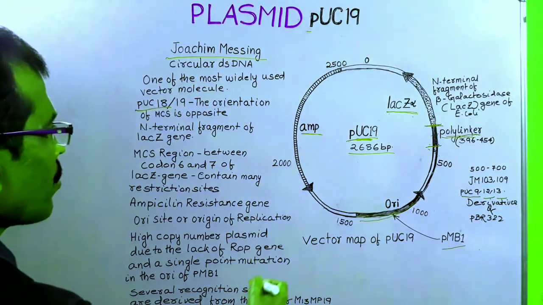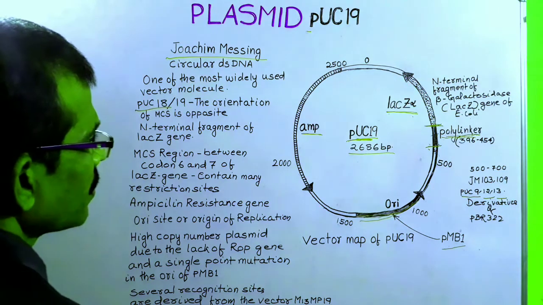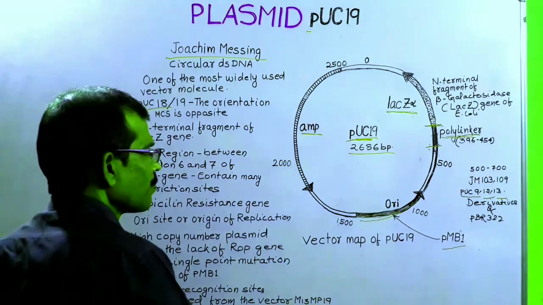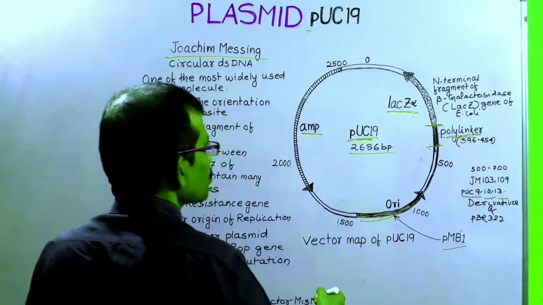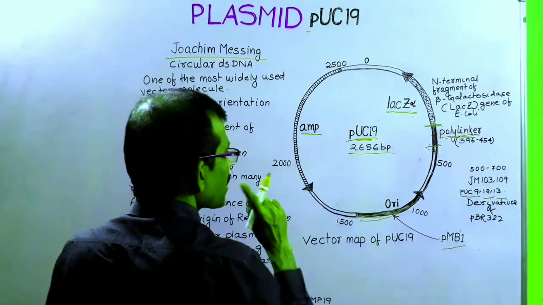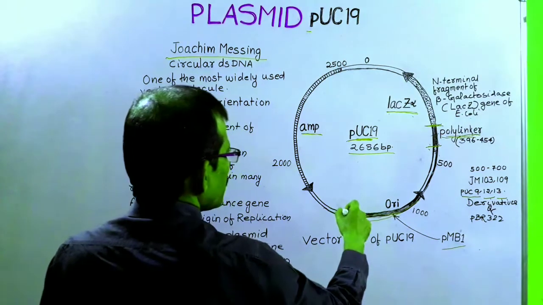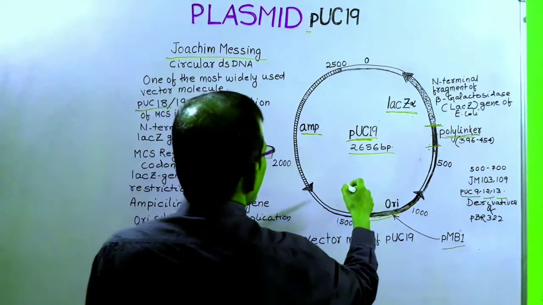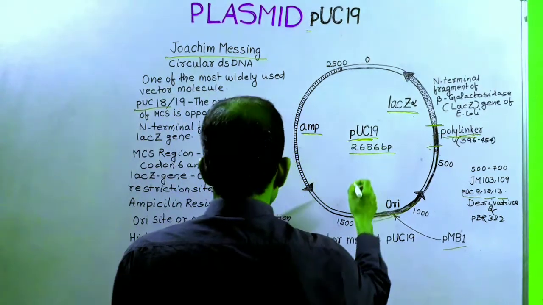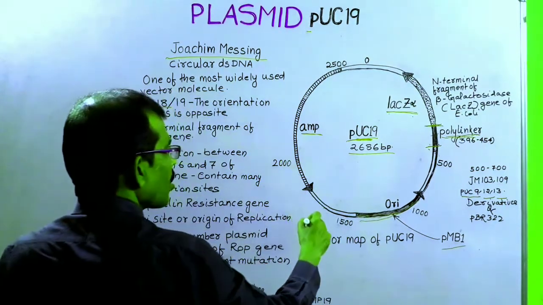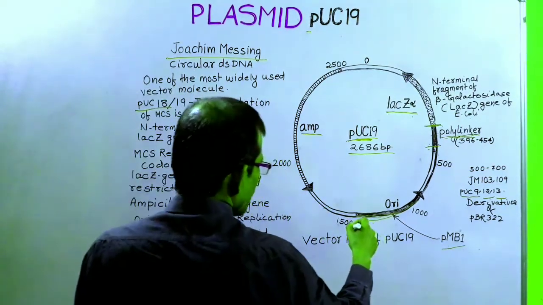pUC19 is a high copy number plasmid. The transformed cell contains about 500 to 700 copies of pUC19. The high copy number of pUC19 is due to the lack of the rop gene.